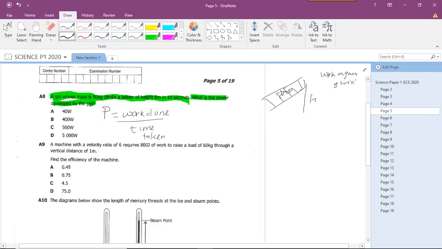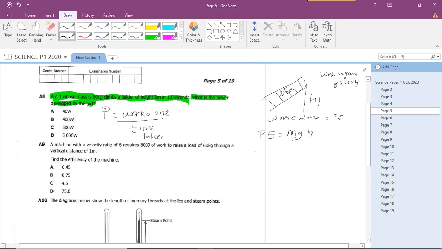So work done against gravity, because she's moving along a vertical height, is potential energy. So in our power equation, the work done is potential energy. So I'm going to say potential energy is mass times gravity times height.